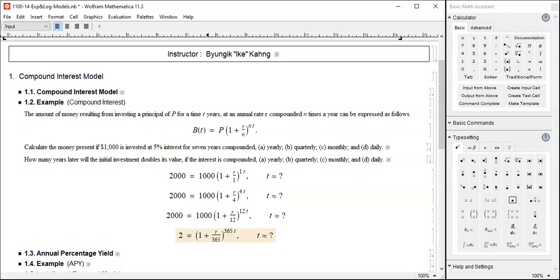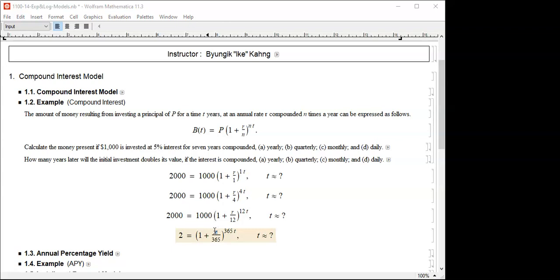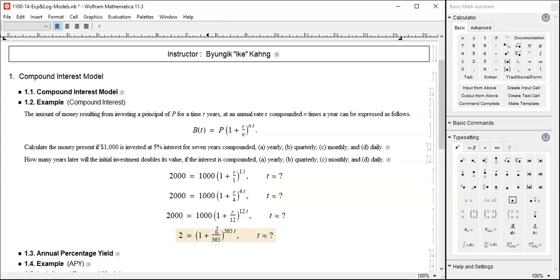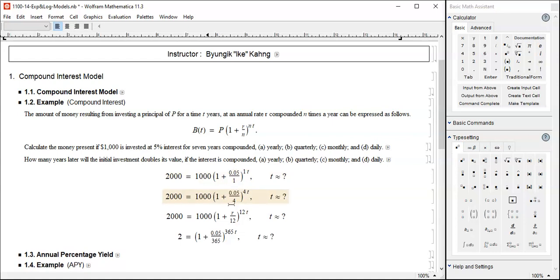Okay, we have an exponential equation, so what do you do? The first thing you should do, one more thing: it says 5% annual interest rate. The network was a little bit unstable, so for the moment I thought I would lose this, but luckily, I got it back.